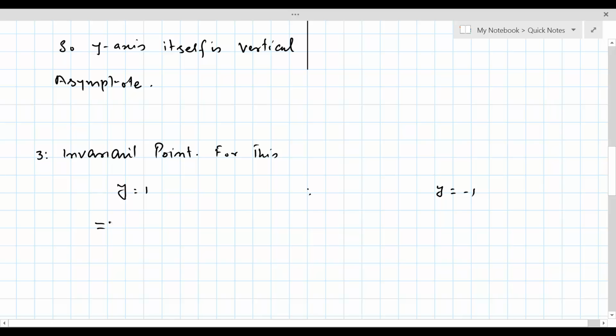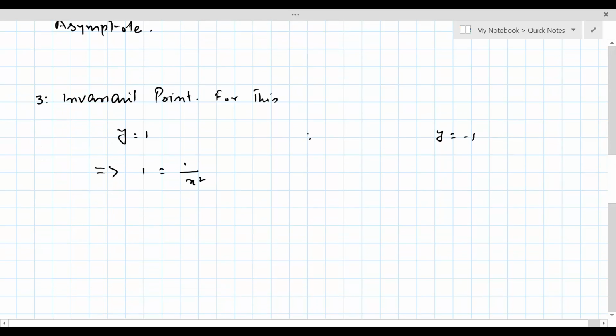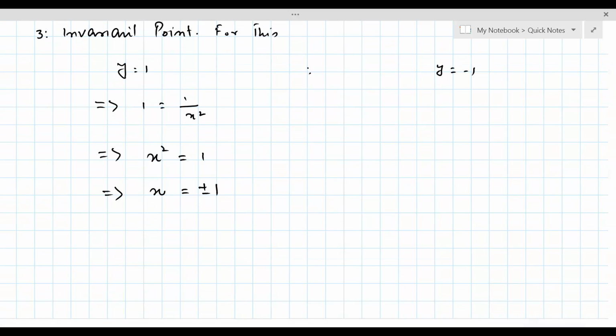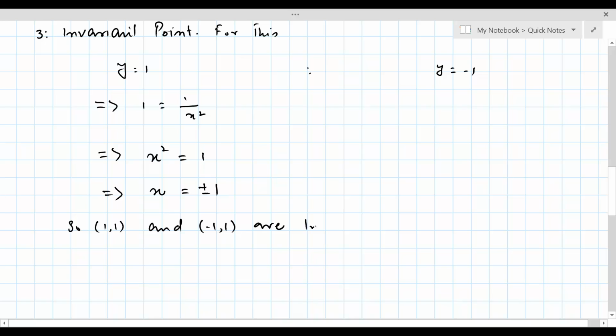This means 1 is equal to 1 over x square, and if so, x square is equal to 1, or values of x are plus minus 1. Therefore, the invariant points are 1, 1 and minus 1, 1.